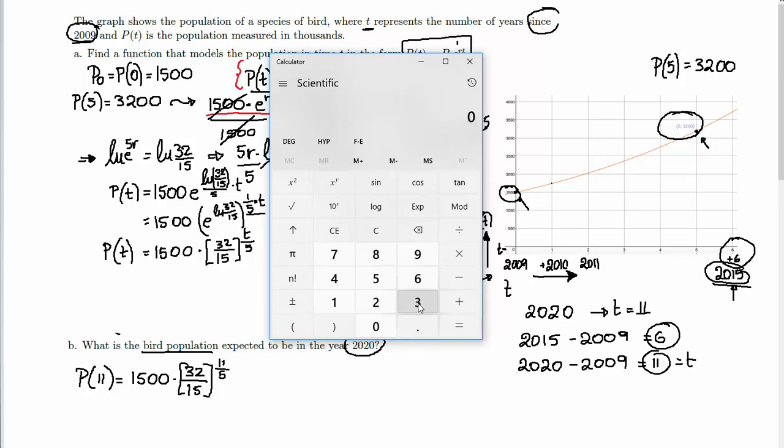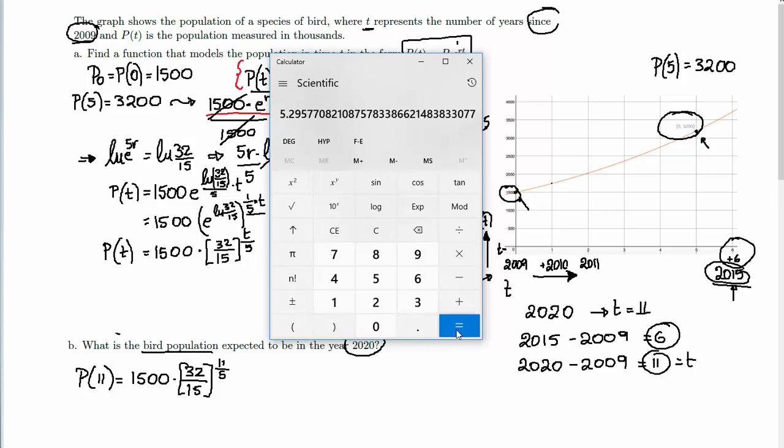So first you put the base, you calculate 32 divided by 15. The number is 2.1333 repeating. And then this is going to be the base to your exponent. So you use this x to the y. But now the y is 11 over 5. So either you calculate 11 over 5, that is 2.2, or what you need is parentheses here in order to put 11 divided by 5, 2.2, it calculated that.